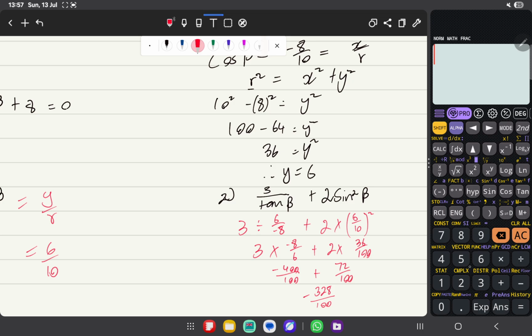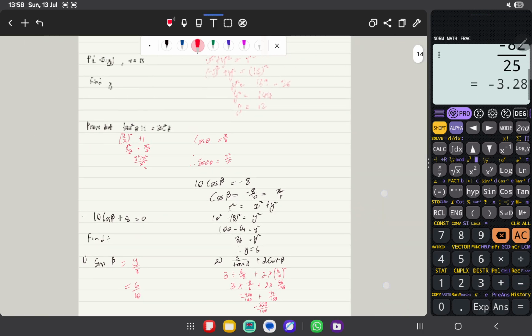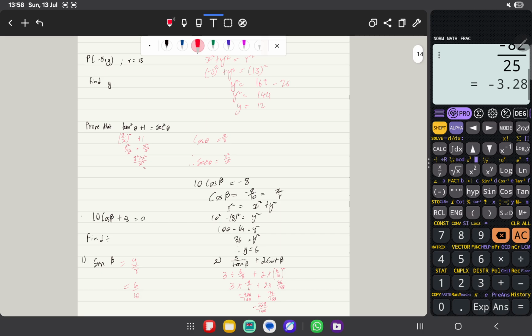Yeah, let me see. 328 over 100, which is 3.28, but of course it's negative. So if I have 72 over 100 minus 4, yes.